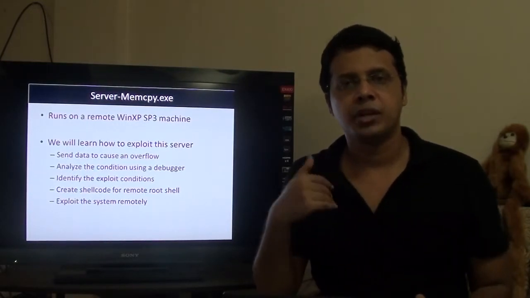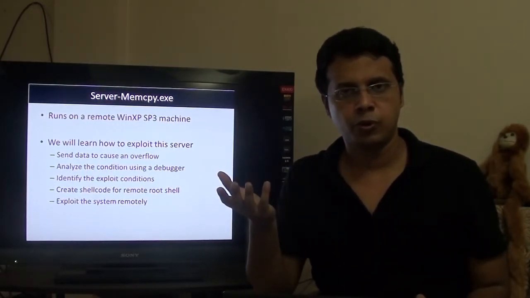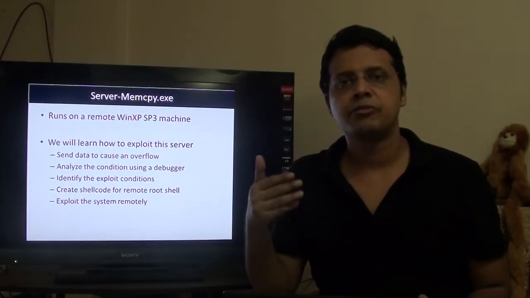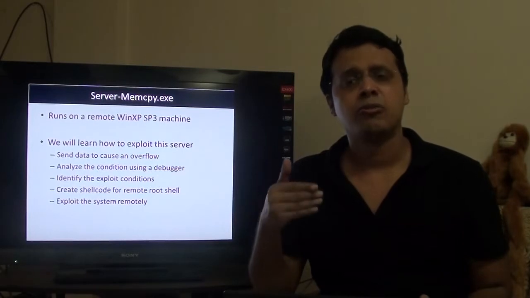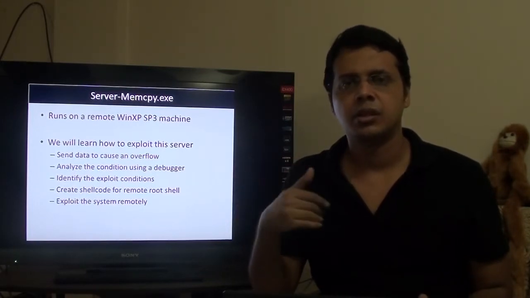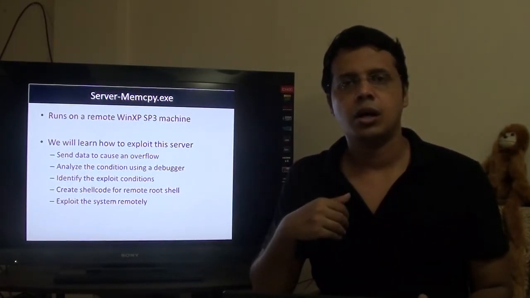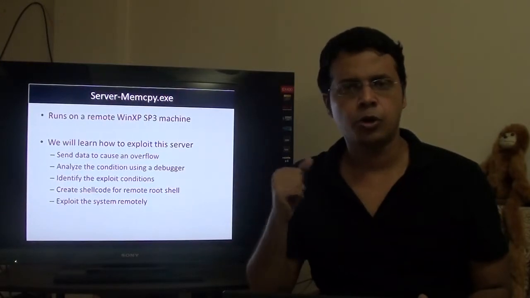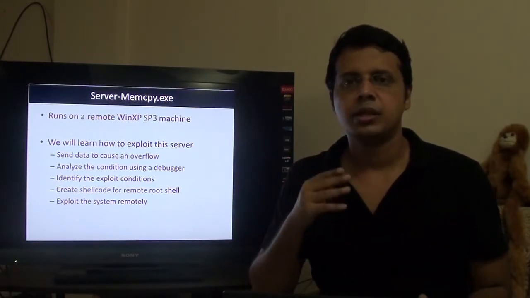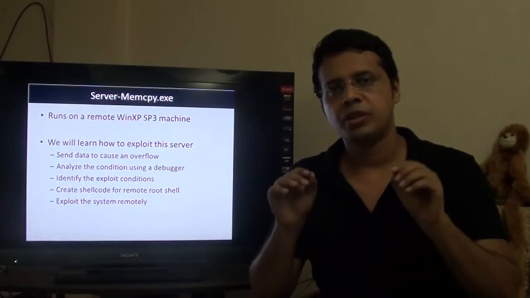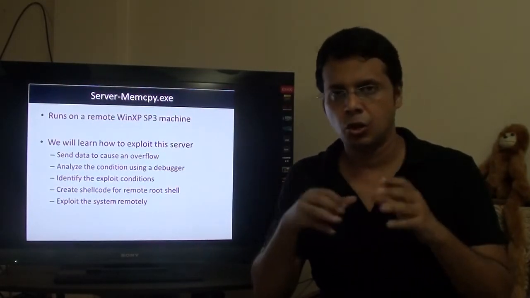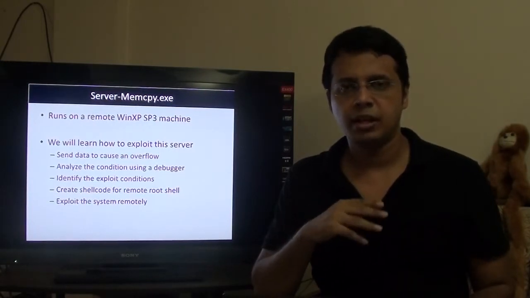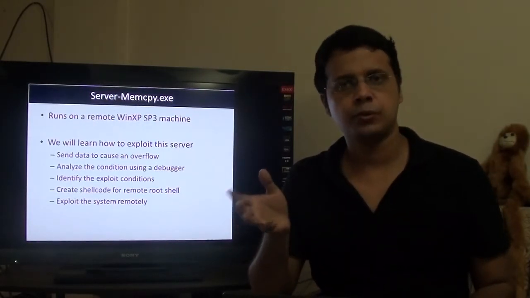We will figure out that it is vulnerable to a buffer overflow, and then we will look at different stages of how to exploit the overflow by finding things like the return address and the location of the stack, how to create your own shellcode using the Metasploit framework, and then how to weave in the return address, your shellcode, and where the stack is all together so that you can eventually exploit this scenario.